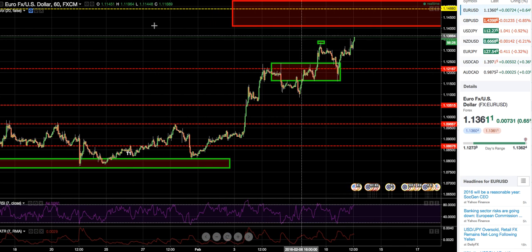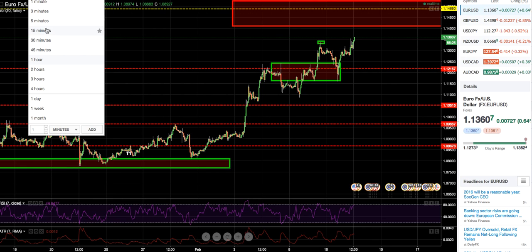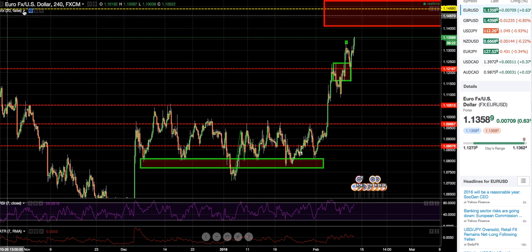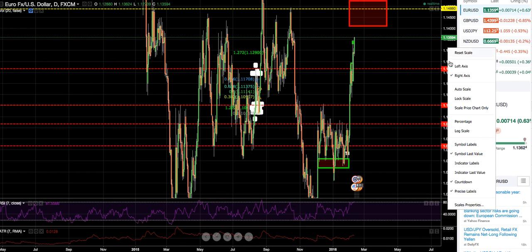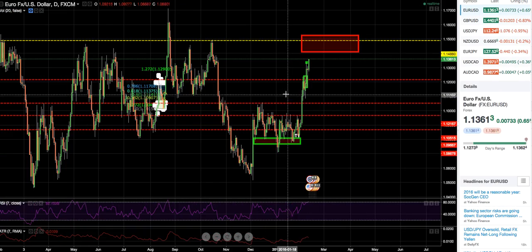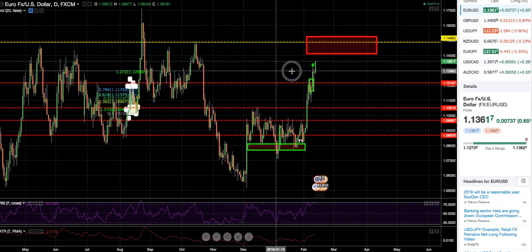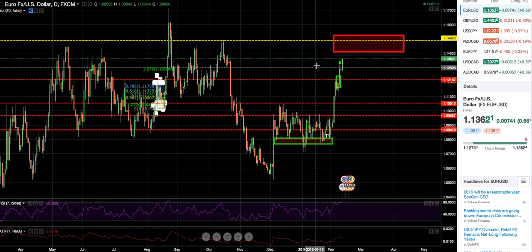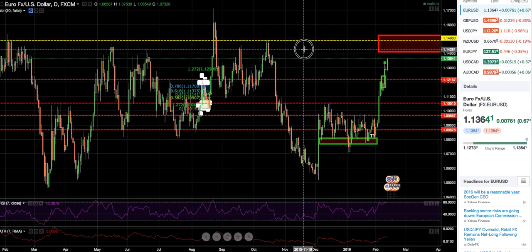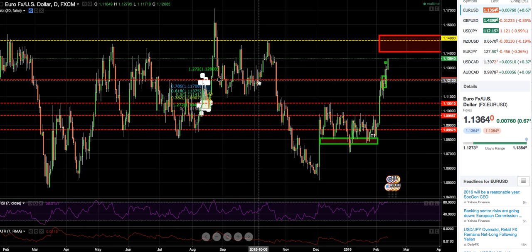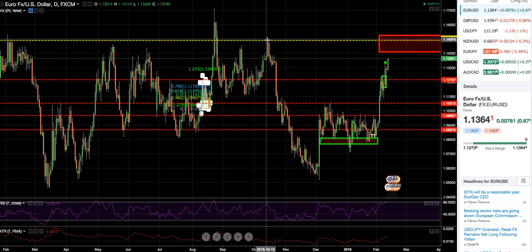Now I will show you why. So let's check back to the 4-hour time frame. Let's go to the daily time frame. So, as you can see, the yellow line is an obvious structure point right here. You can see that the market comes up into this point right here.